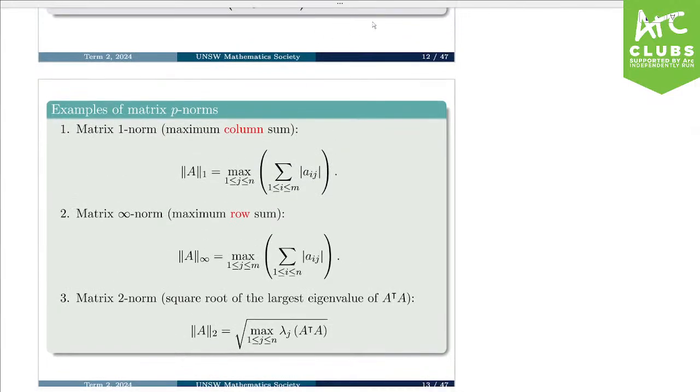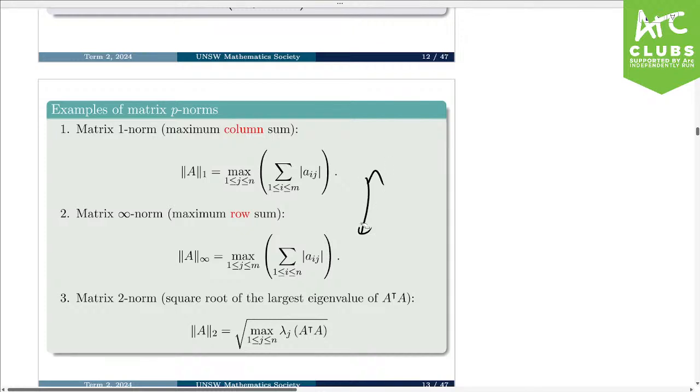The 1 norm, which is the max column sum, and the infinity norm, which is the max row sum. Personally, I find it quite hard to remember which one's which.